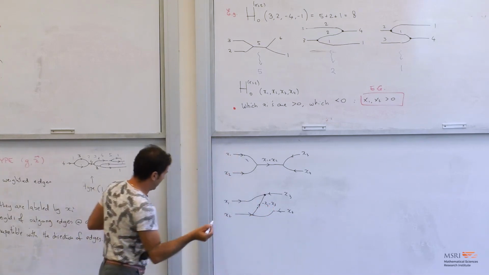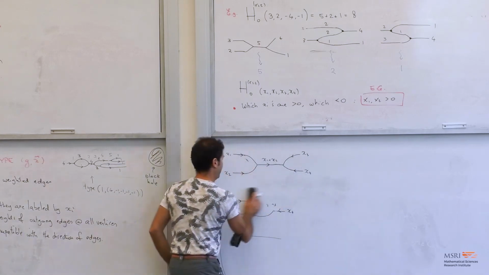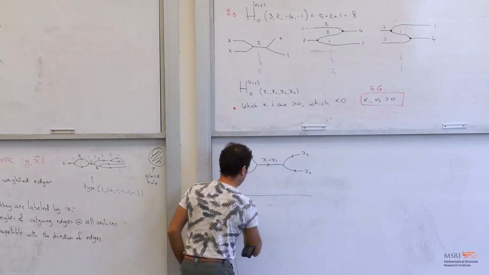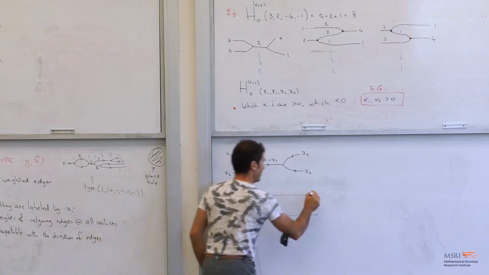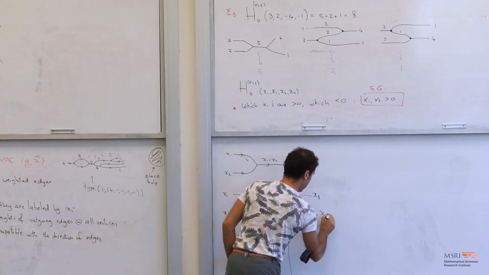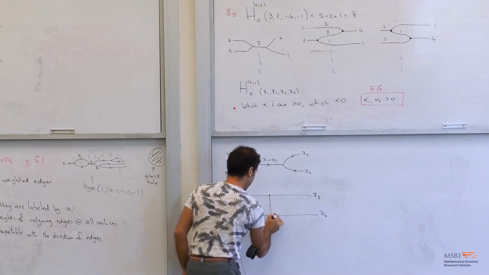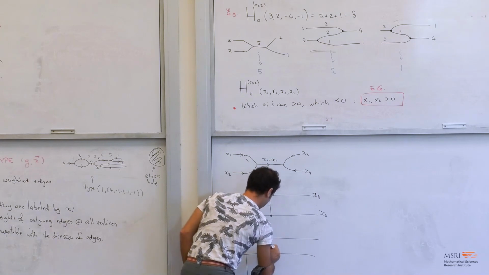And similarly, okay, so here's the thing, right? So let me erase this. So I have 2 more graphs, x1, x2, x3, x4, and I'm going to draw them like this. I'll draw them like this.